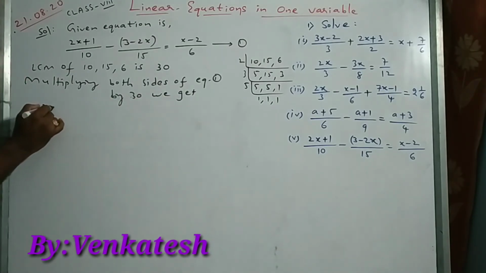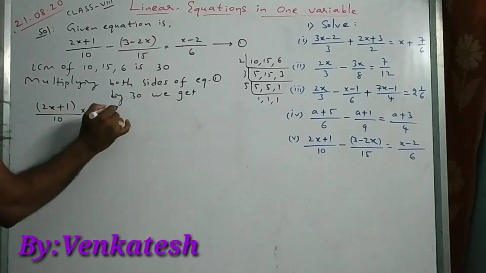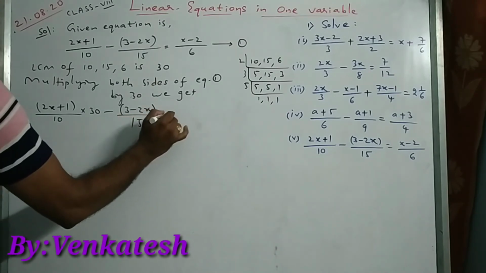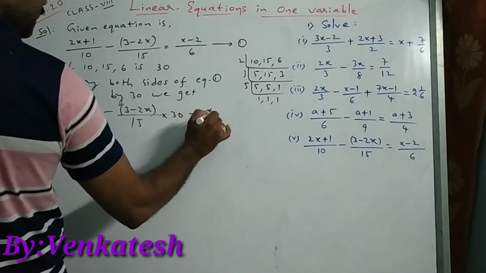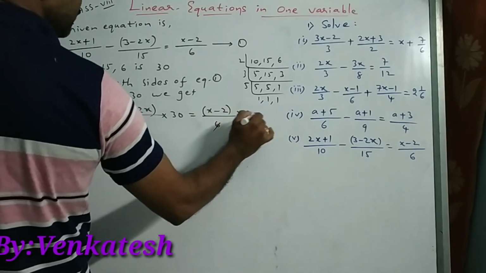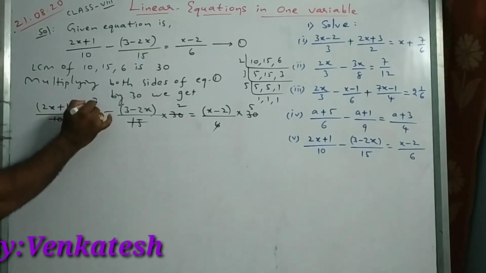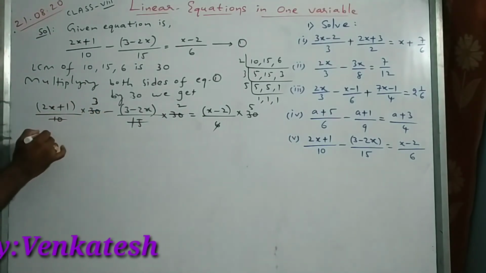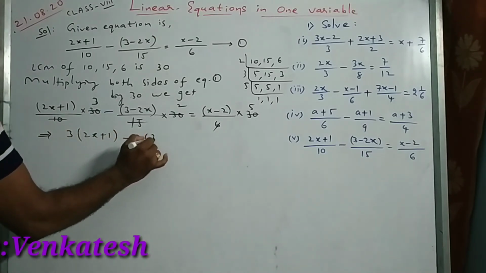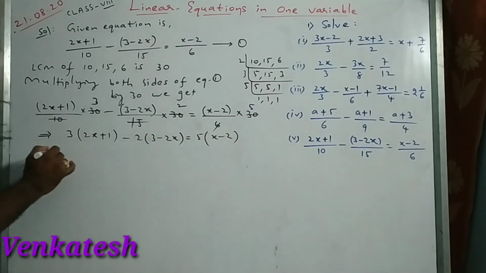So what will you get? 2x plus 1 upon 10 into 30 minus 3 minus 2x upon 15 into 30 equal to x minus 2 upon 6 into 30. 6 1s are 6, 6 5s are 30, 15 1s, 15 2s are 30, 10 1s, 10 3s are 30. So that implies 3 into 2x plus 1, minus 2 into 3 minus 2x, equals 5 into x minus 2.